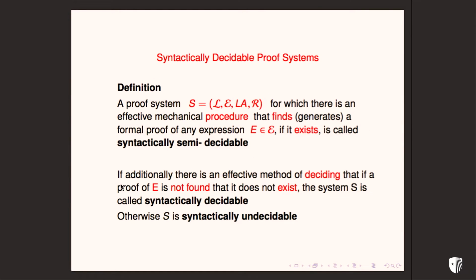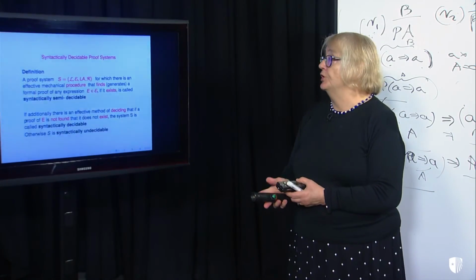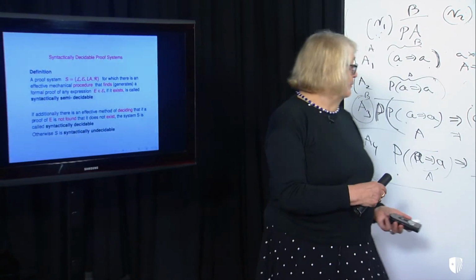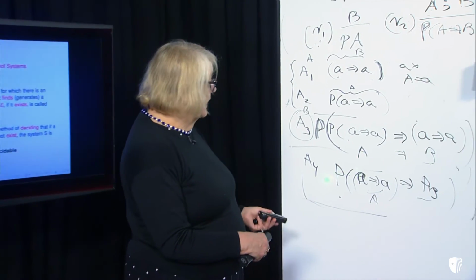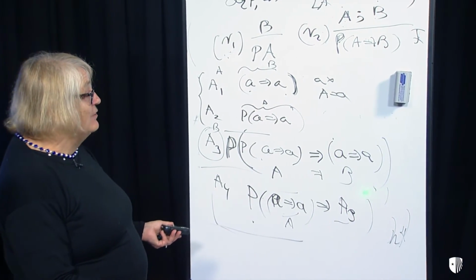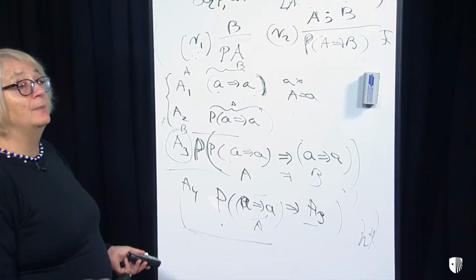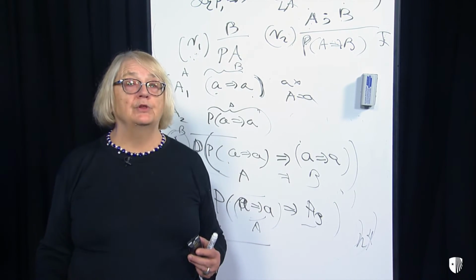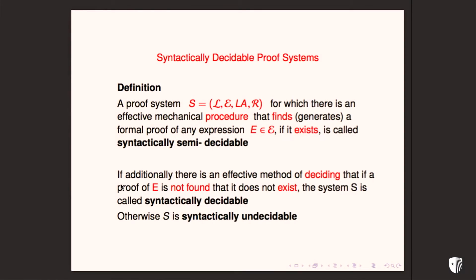And now we say that we want to find the proof. Here I said, okay, I give you a formula. Can you find the proof automatically? And that is called a proof system being syntactically decidable.